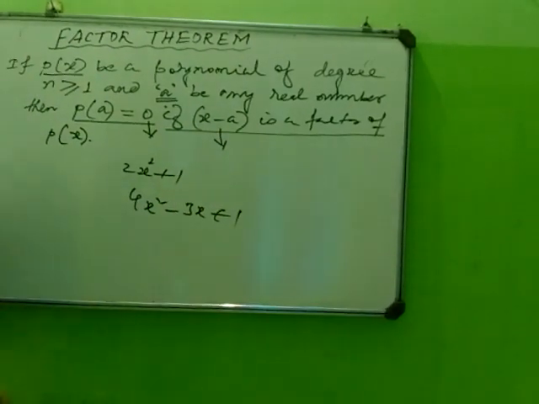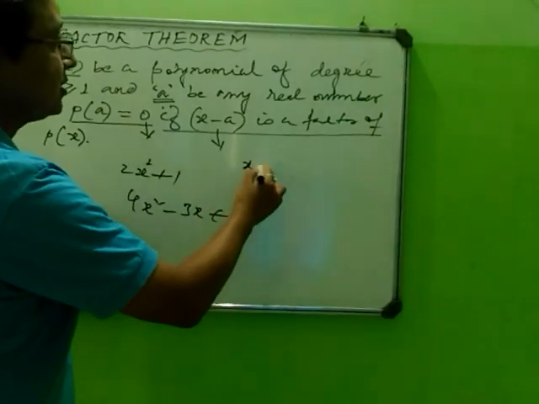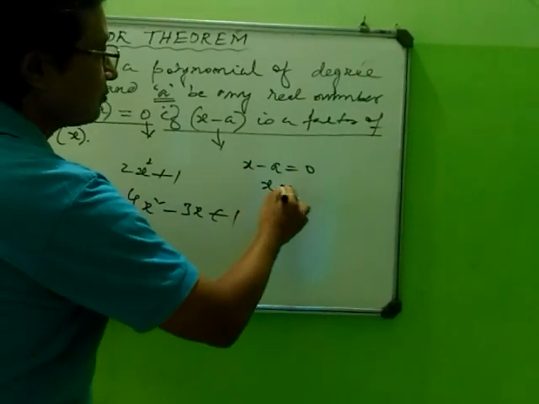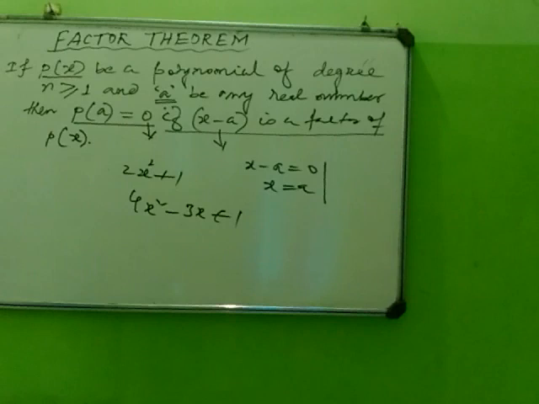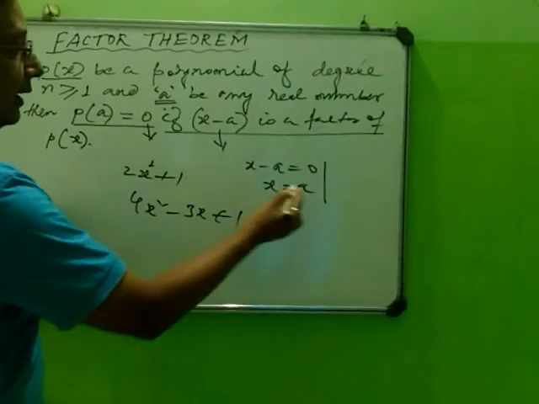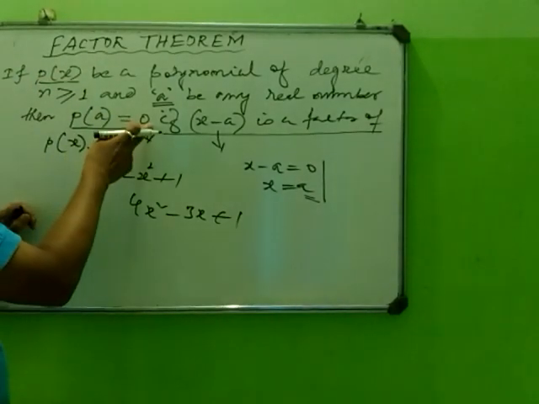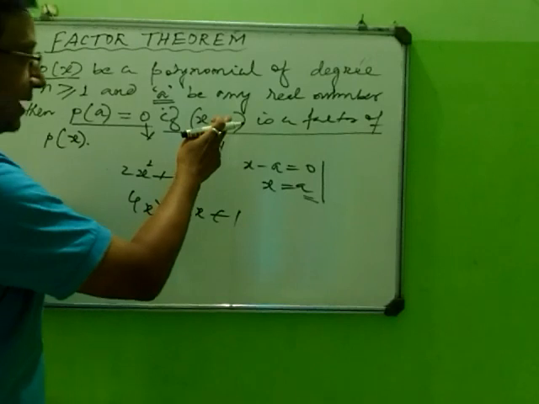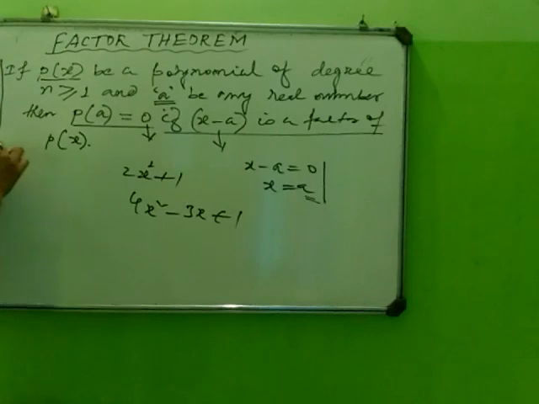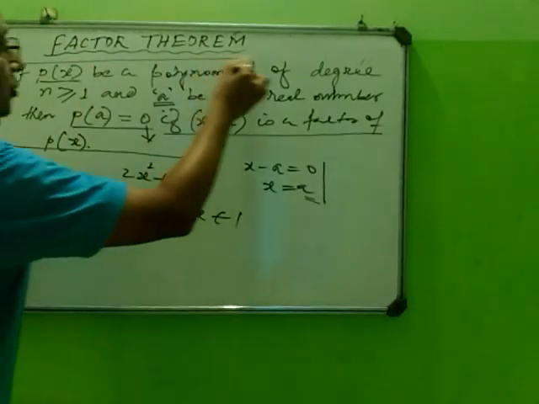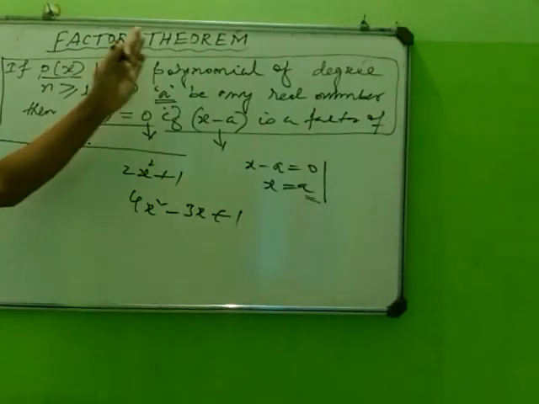As we have done in the remainder theorem, divisor equals 0, x equals a. The same thing you will do in this factor theorem also. Putting a in place of x, p of a equals 0. Why is it 0? Because x minus a is a factor of p of x. This is given in the book, so you can go through the book. This is the definition of the factor theorem.